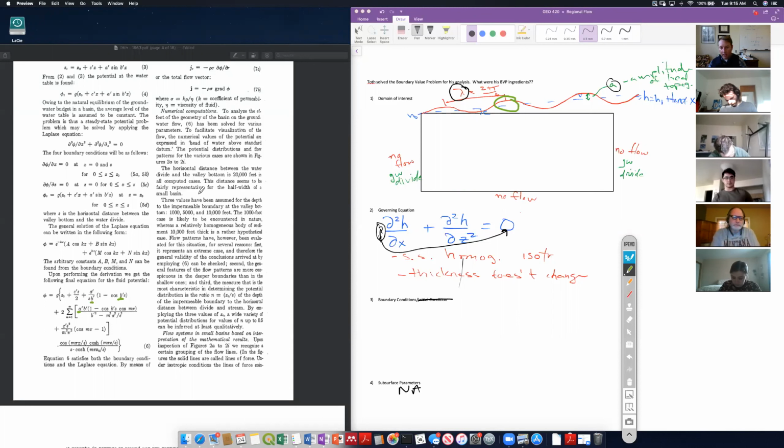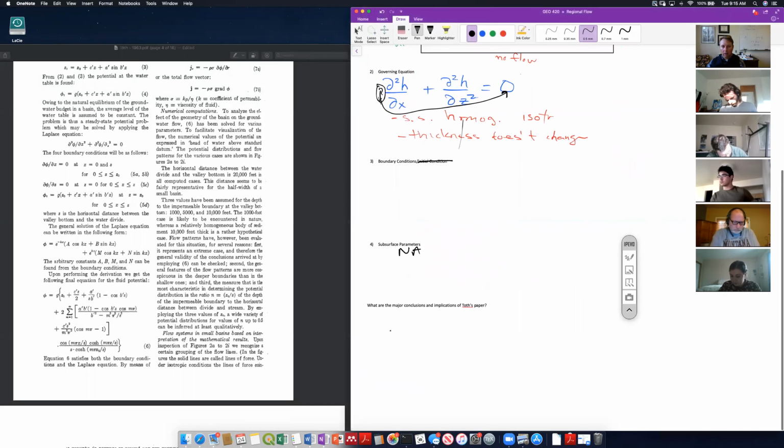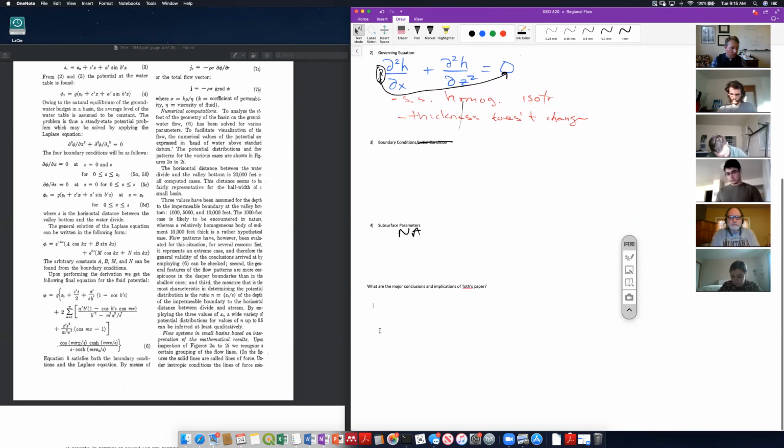All right, so some of the basic take-homes from Toth's paper are this. If we have no or small local scale relief, so if it's flat, all groundwater is regional.